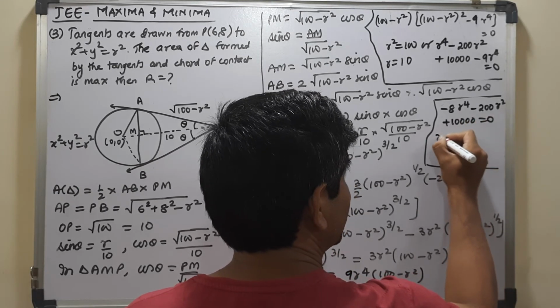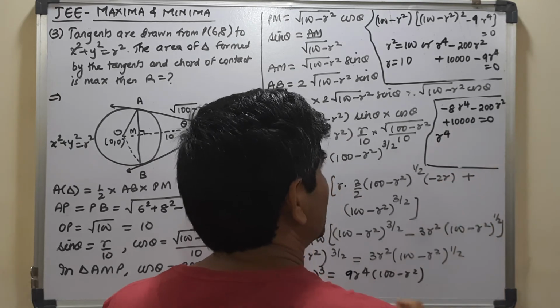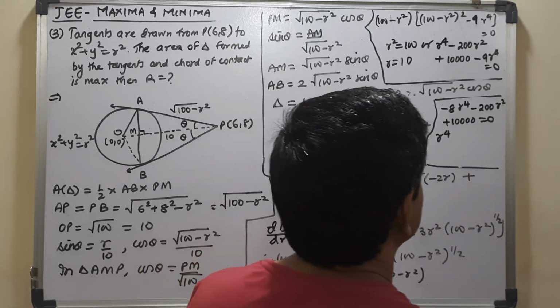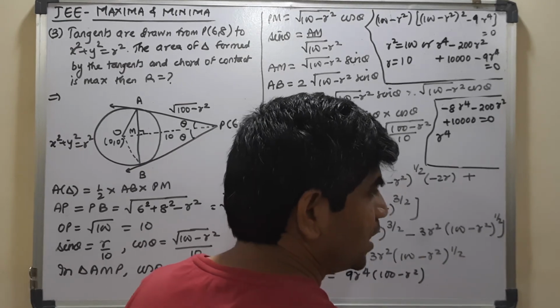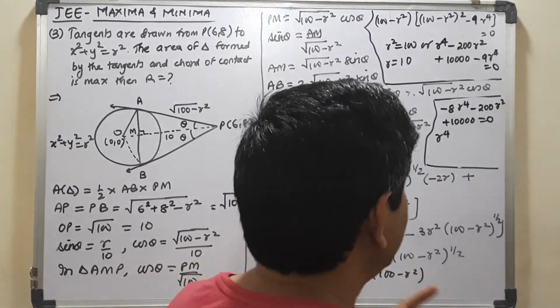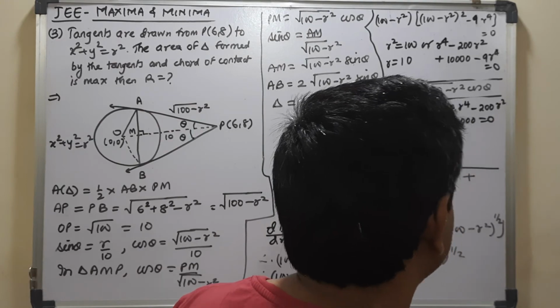Changing sign I get r raised to 4. But 8, I don't think it will divide 100. No, it will not divide 100. 8 to the 16, yes, it will divide.